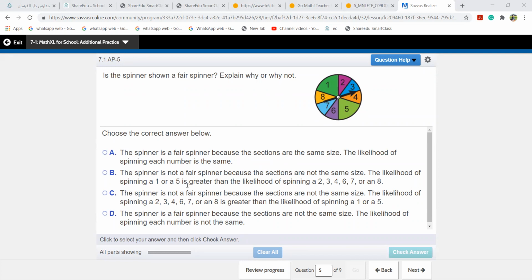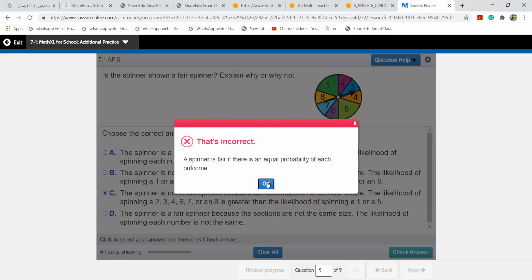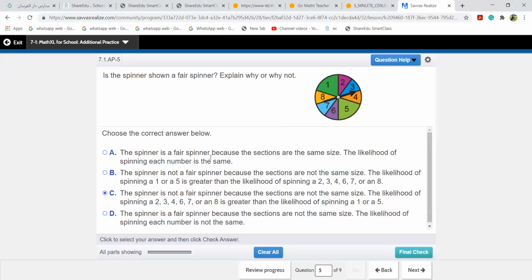The likelihood of spinning 1 or 5. Let us put C and check. Equal probability outcome.